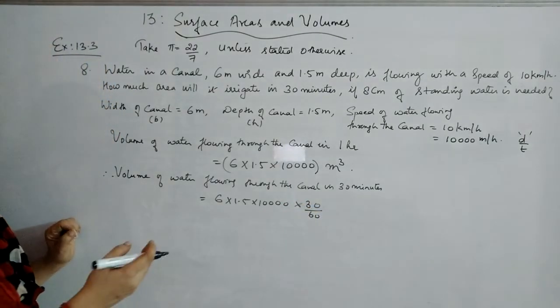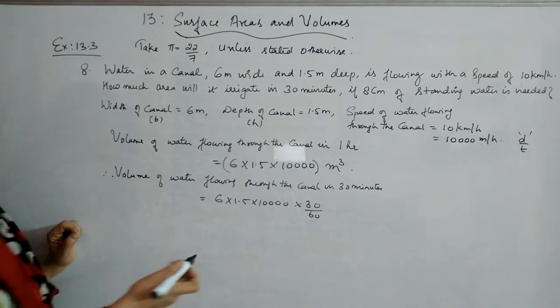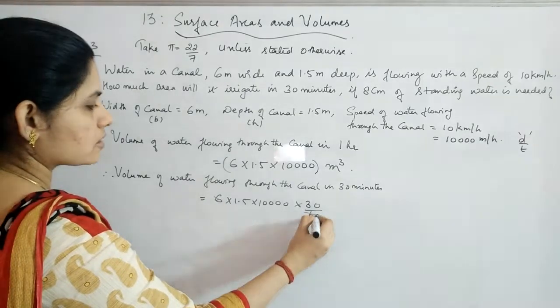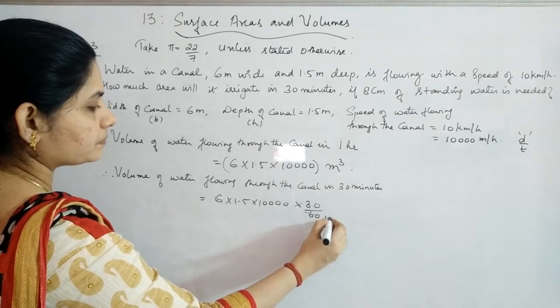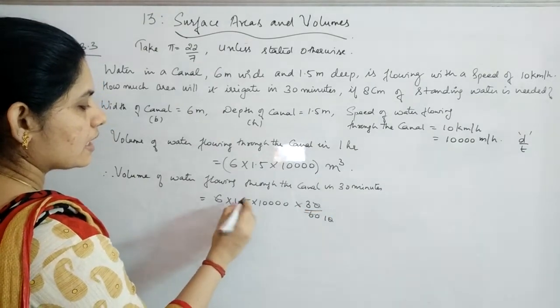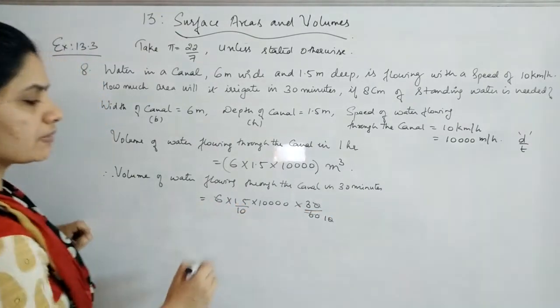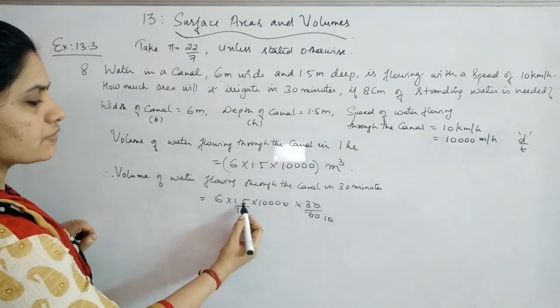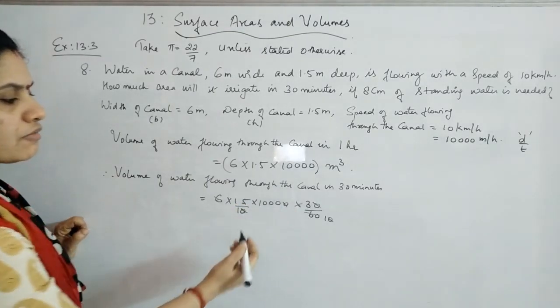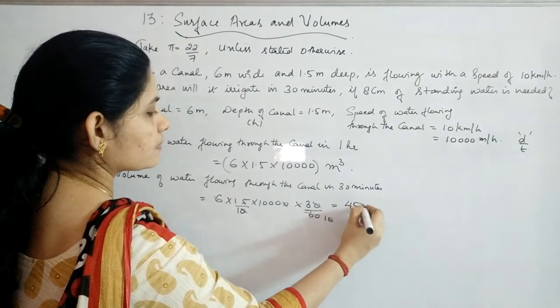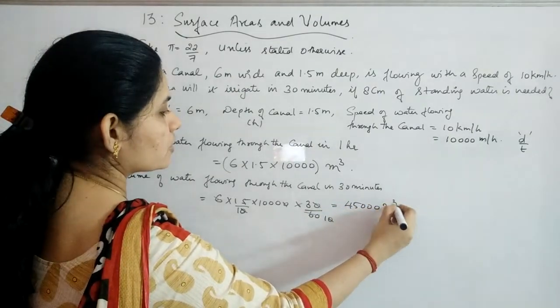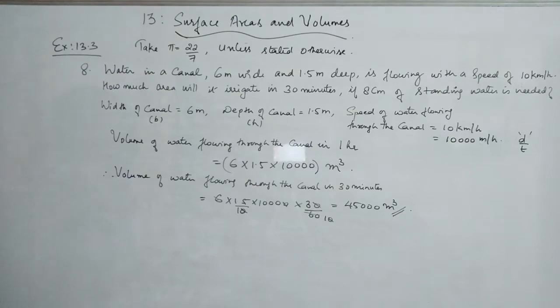So in 30 minutes means it is half an hour. Now you can just cancel, and 1.5 can be made as 15 by 10, so that this will get cancelled, and 15 into 3 is 45, so you get 45,000 meter cube as the volume of water in 30 minutes which is flowing through the canal.